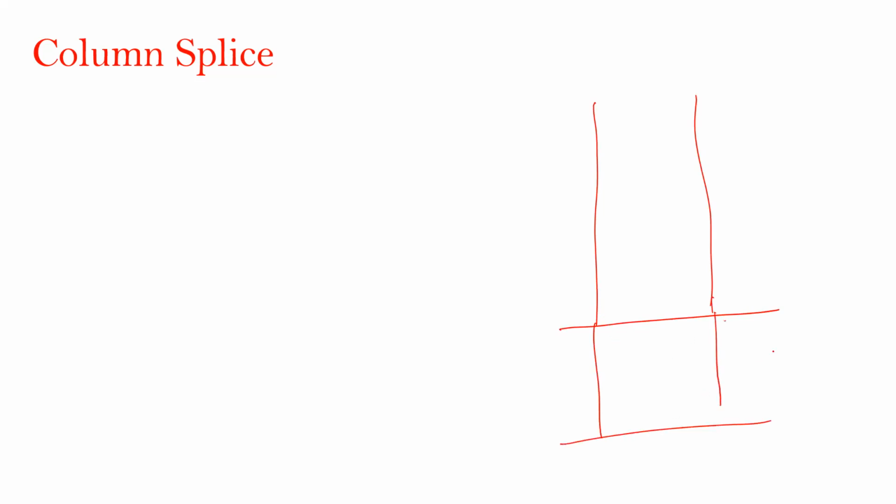So, what is this column splice and when is it provided? Suppose you have a section. Consider this as a two-story building. This is the ground floor and this is the first floor.